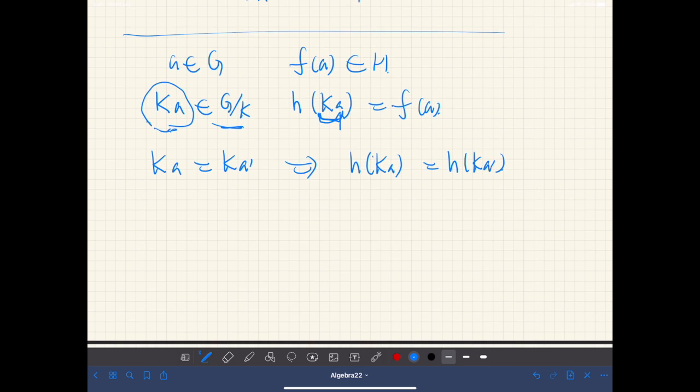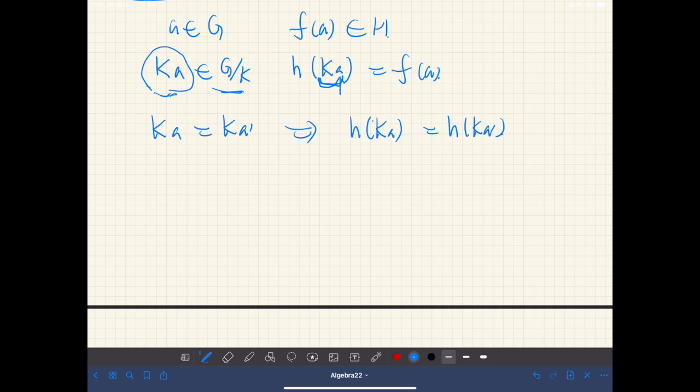Let's try to show that. If this is true, then there exists some element k of K such that a prime is equal to ka.